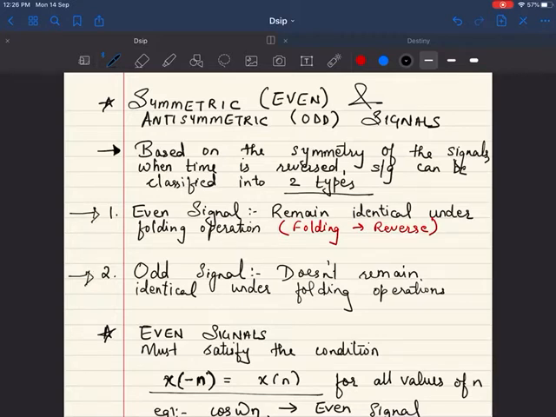This means that for an even signal, when a particular signal, say x of n, is reversed, we denote it as x of minus n, and it remains the same. So x of n and x of minus n remain the same. That is called an even signal.